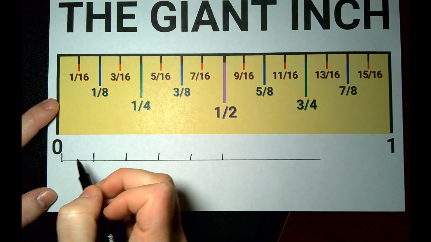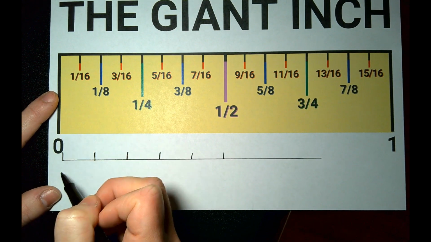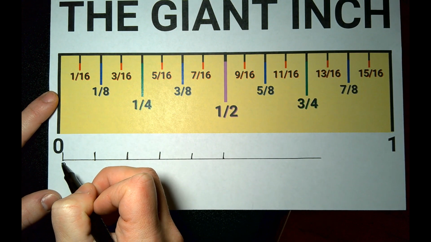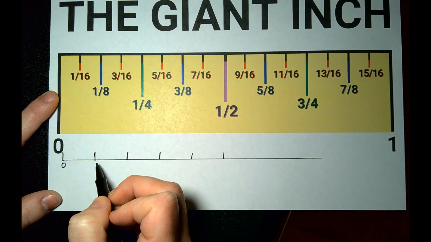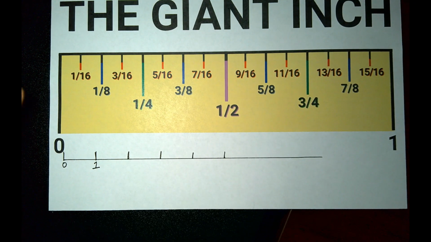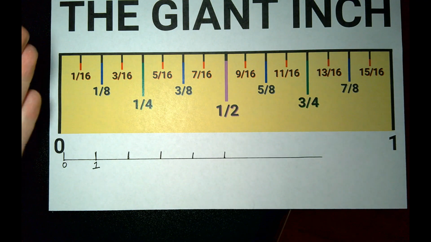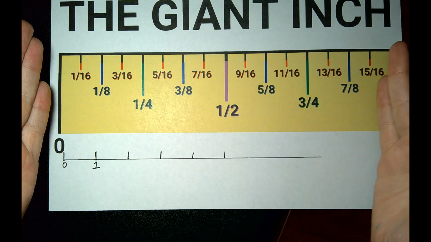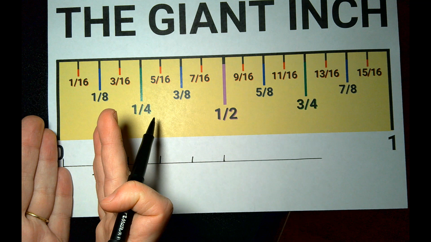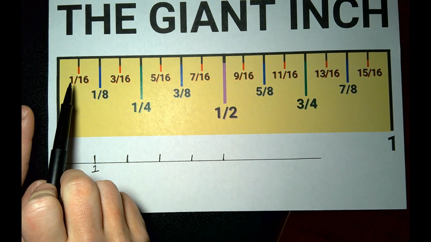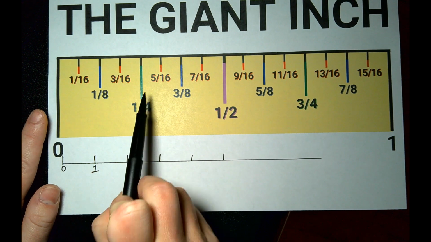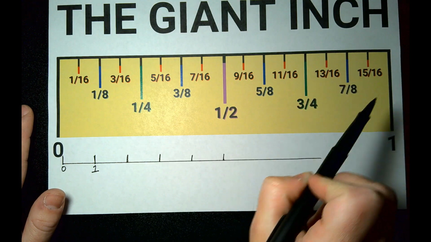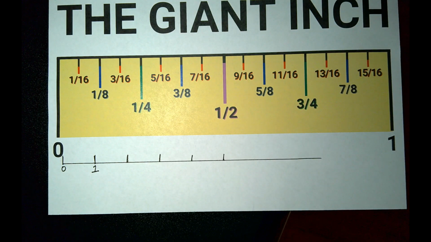Okay, so what I'm going to do now is show that here's my 0, here is my 1. This giant inch is the zoomed in version of this little tiny inch. So what we're doing here is looking at what each of the little lines on your ruler are telling us. It's all these fractions.